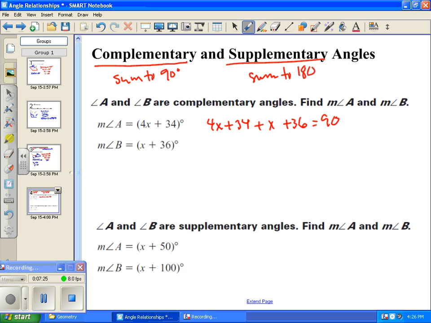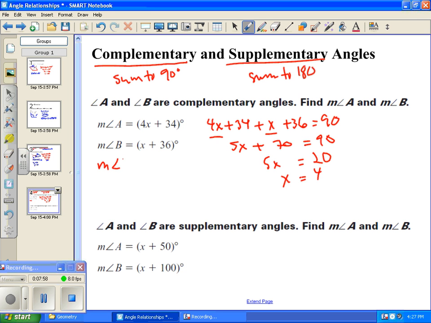So the first thing I'm going to do is simplify the left side. We have 4x and x gives me 5x plus, we have 34 and 36 gives me 70 equals 90. So subtract 70 from both sides. That gives me 20 over here. So x equals 4. Now that I know that x equals 4, I'm going to plug it into each one of the expressions because I want to find the actual measure of the angles.